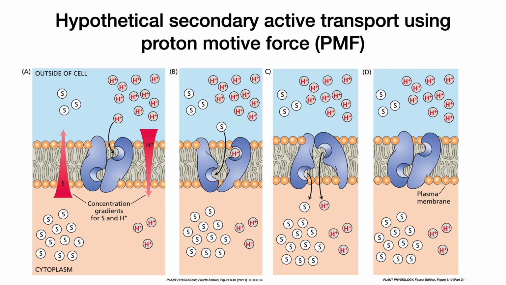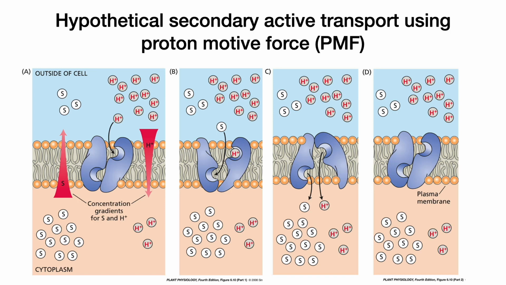And on the other side, we see S, a substrate, that is higher in concentration inside the cytoplasm and lower on the outside of the cytoplasm. So its concentration gradient is from inside to out. And in order for S to be transported against its concentration gradient, or in this case really the electrochemical potential gradient, it requires energy.